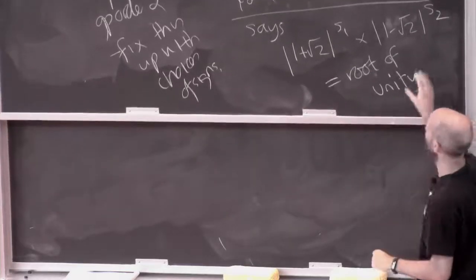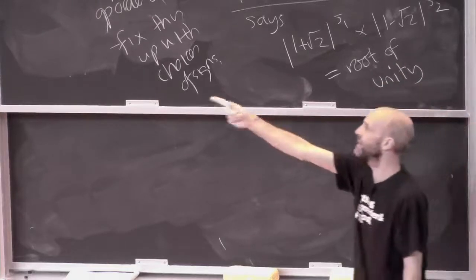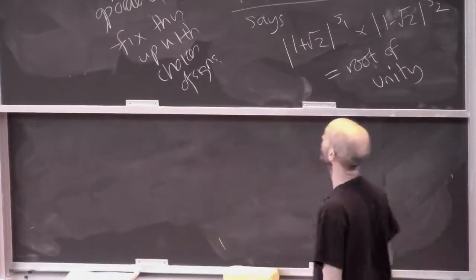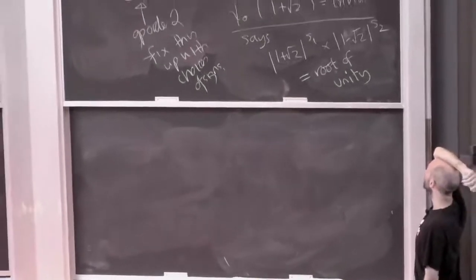So there's our condition. And not only that, it has to be the right root of unity, that comes out from all the chi and the signs and so on. So that's what our condition says. And if we can solve that condition, then we've nailed Grössencharacters for Q(root 2). So how are we going to do that? That's kind of a weird thing, right? 1 plus root 2 to the s1.